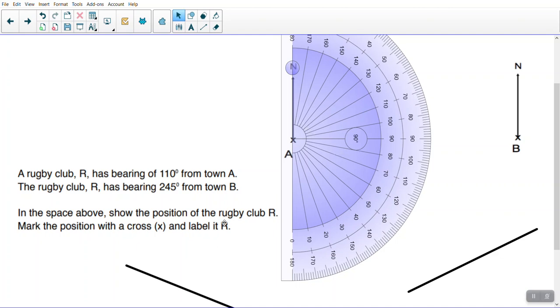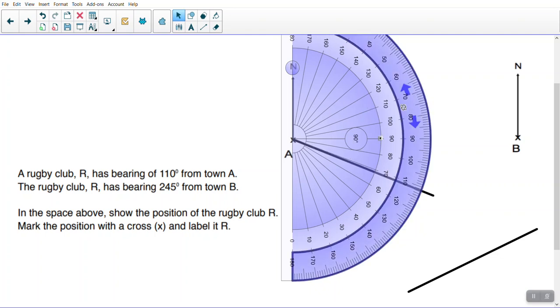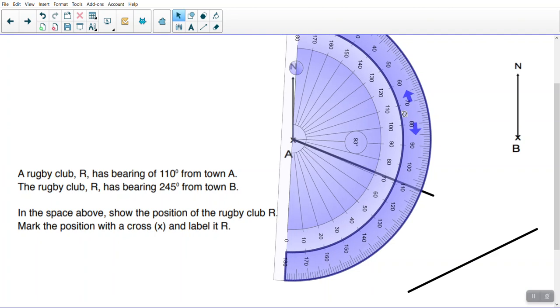So that's your 110 degrees. We go to the point A, and as you can see, the north line and the protractor's zero line are matching up. So we can draw it at 110 degrees. That's not very accurate, but okay. So that would be 110 degrees.